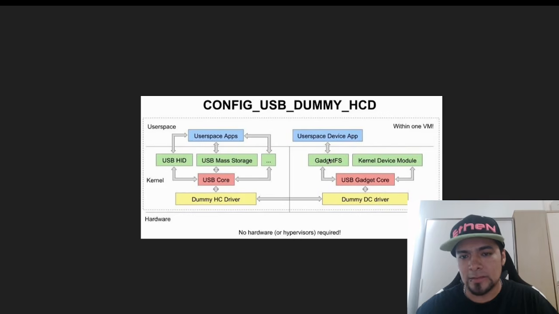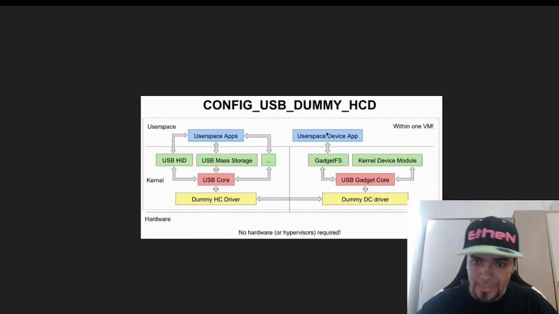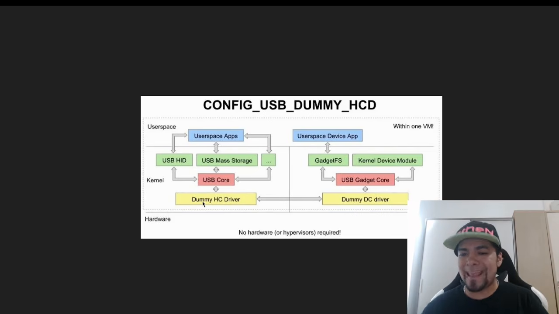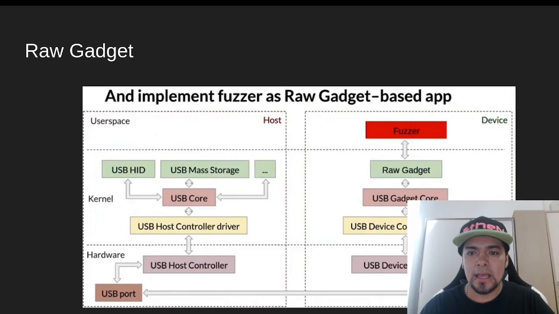All right, so here is Gadget FS that allows you to emulate a USB device, and after that you can communicate within the same machine through a USB device that is emulated in the computer, in this case, or in a virtual machine.